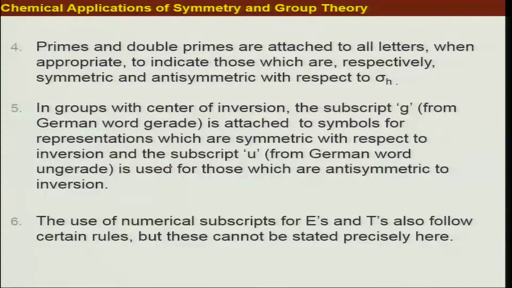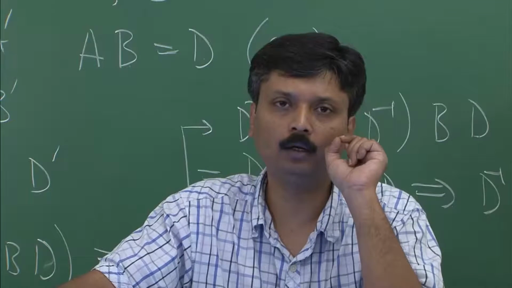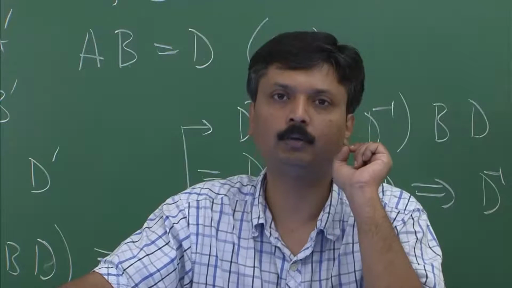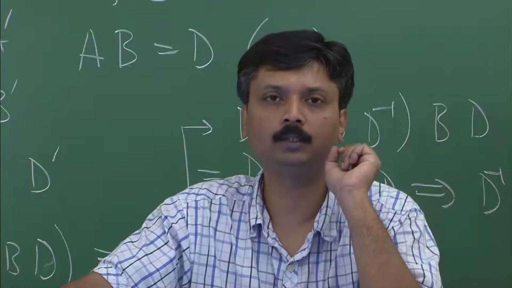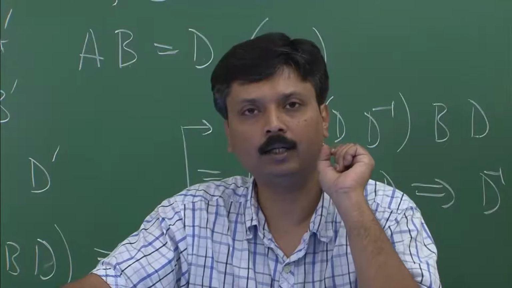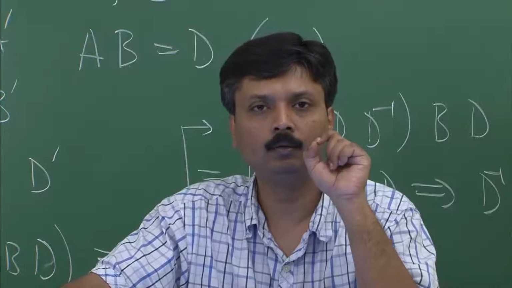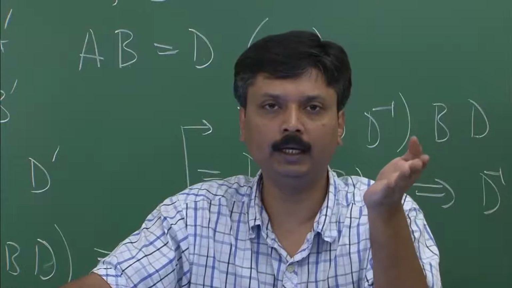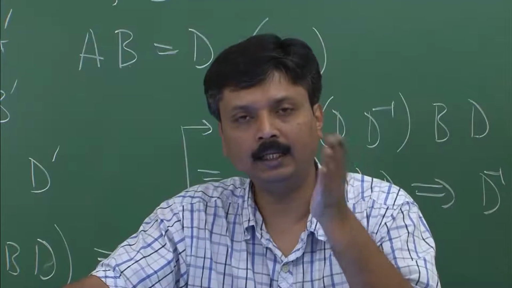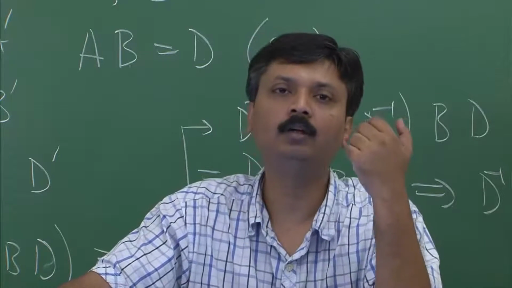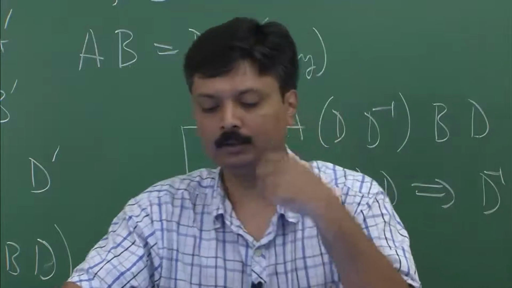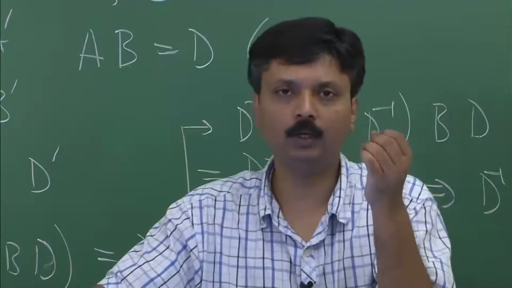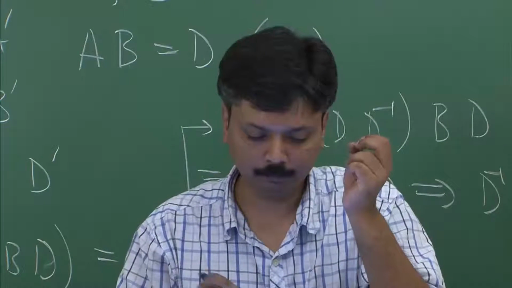So in those cases particularly, we look at the characters for this inversion operation, and if the character is symmetric, that is +1, then we will have subscript g with respect to the terms like A, B, or E, and if it is antisymmetric, that is -1, then we will have subscript u. So this g and u are coming from the German words gerade and ungerade.